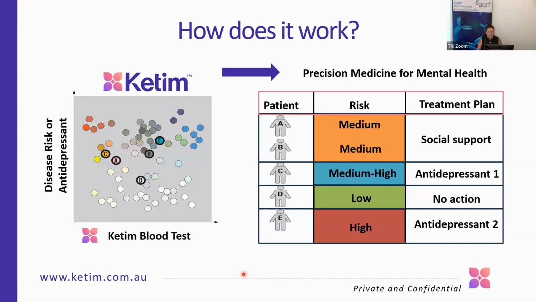But what you might see is that you start to see these little categories that you can use to stratify these patients, right? Some might have medium to low, some might have medium to high, some might have a high risk. And you can start to intervene and give them different treatment plans based upon social support, or maybe they might be on one antidepressant versus another. And that gives the clinicians a chance to intervene early.